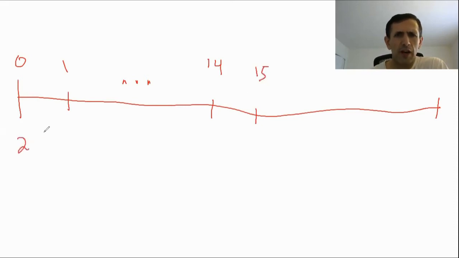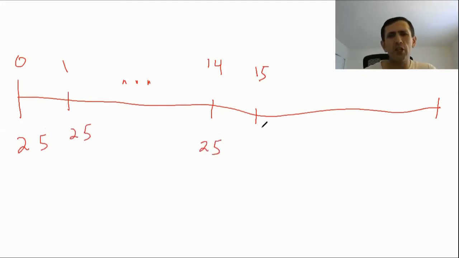So for the 25 payments, 25, 25, 25. For an annuity due, we're always finding the accumulated value 1 period after the last payment was made.